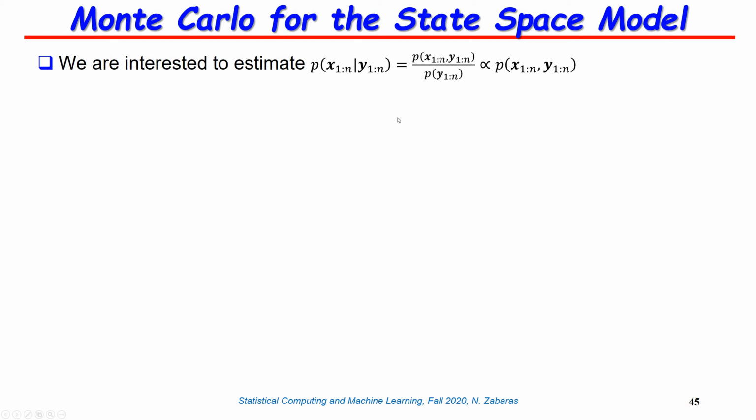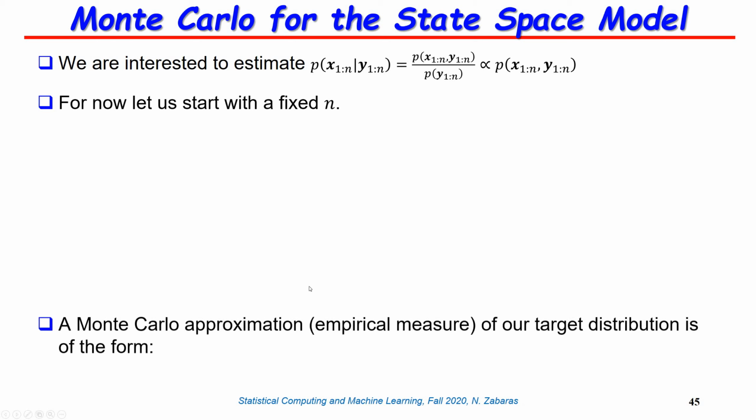So we would like a way to come up with Monte Carlo estimates of this using only the unnormalized portion of our target distribution. So literally, I'm going to cut and paste formulas for standard Monte Carlo and importance sampling for standard distributions, and apply those to our state space model.